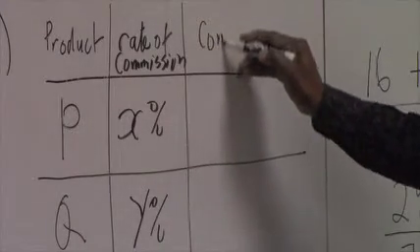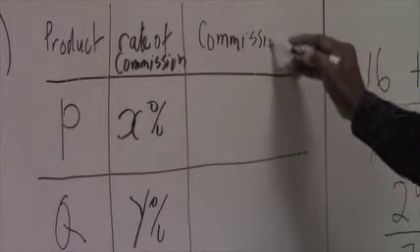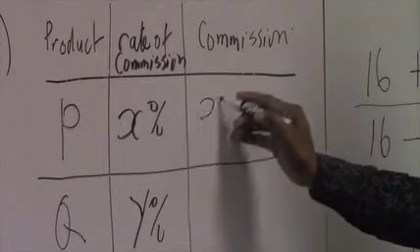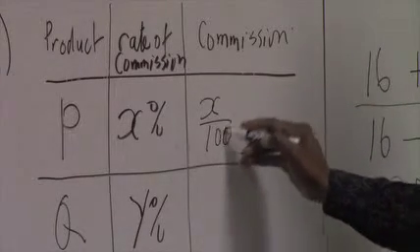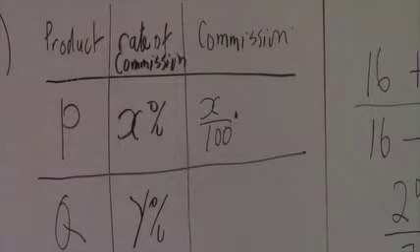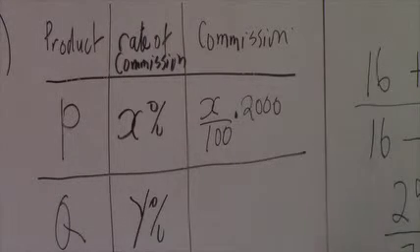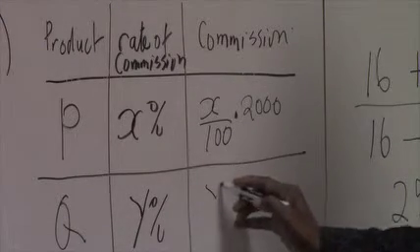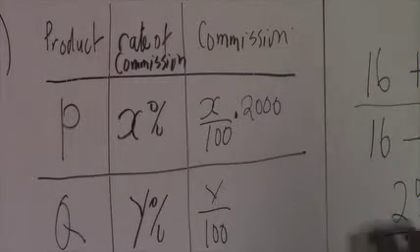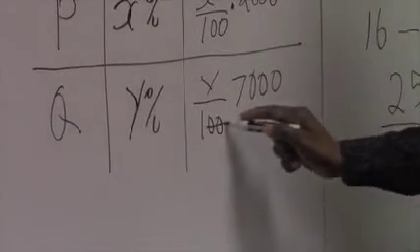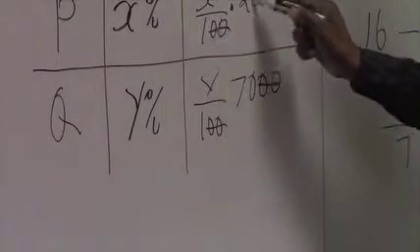we must multiply the rate, having changed it into a decimal. So that means it's going to be X over 100 multiplied by the total sales for product P, which is $2,000. And the same thing, we'll do Y over 100 for the total sales for Q, which is $7,000. Now we can see here that this will cancel with that, and this will cancel with that.